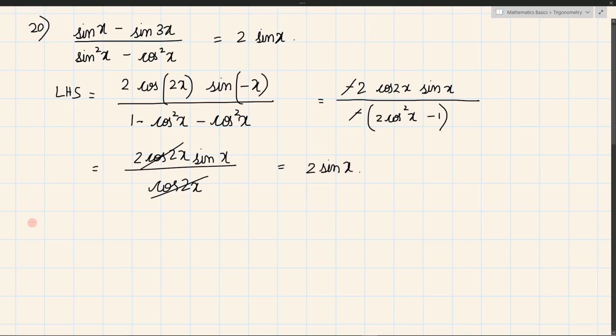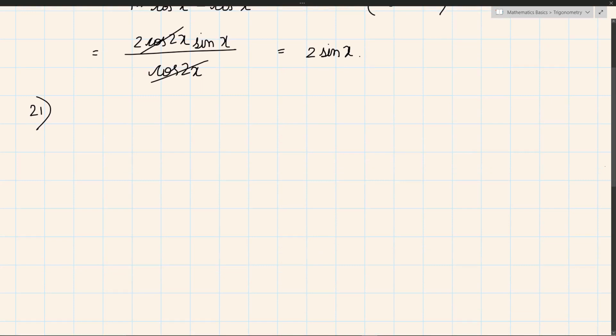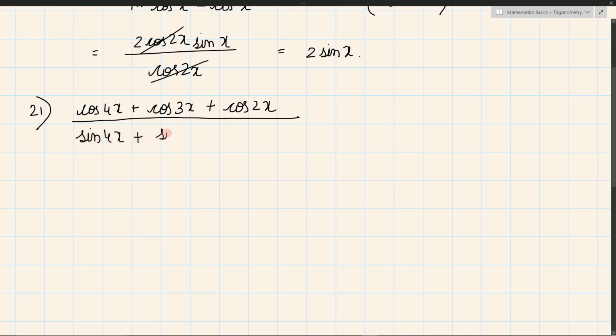So question number 21. So we have (cos 4x plus cos 3x plus cos 2x) whole divided by (sine 4x plus sine 3x plus sine 2x) is equal to cot 3x.